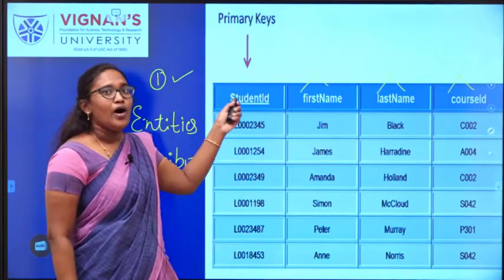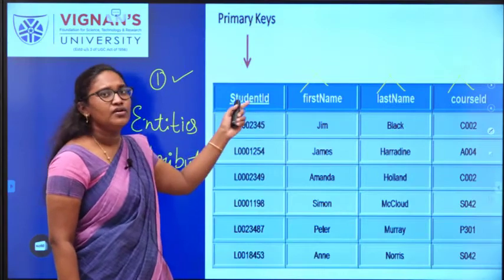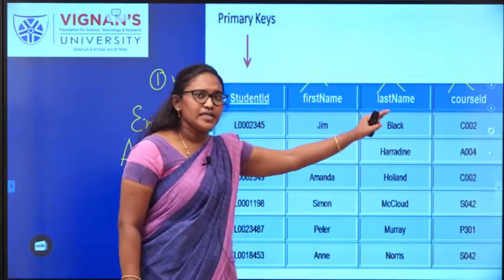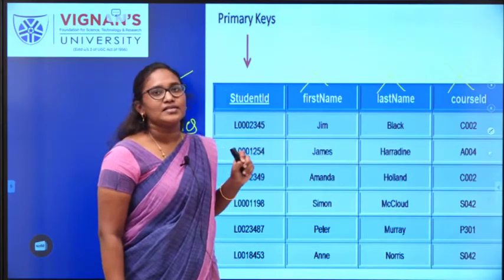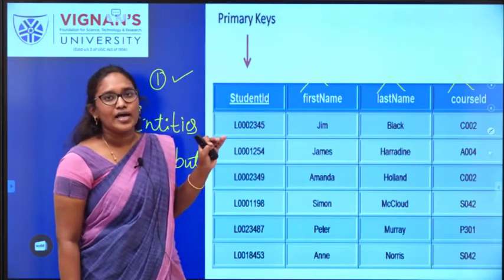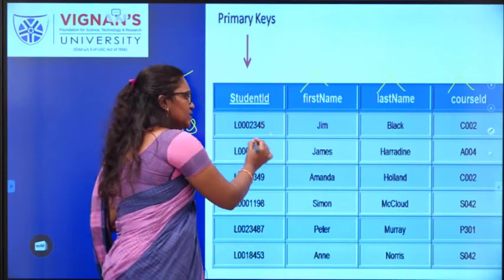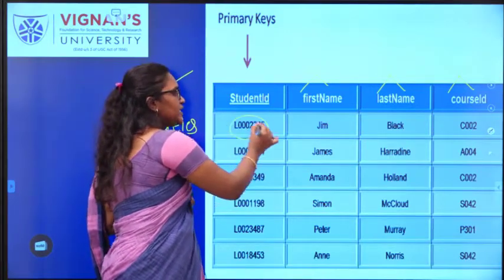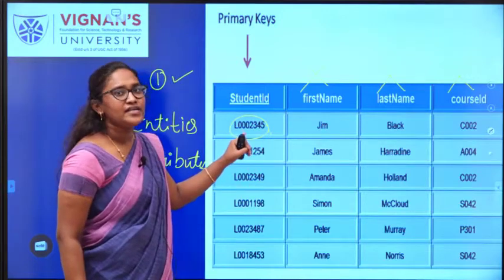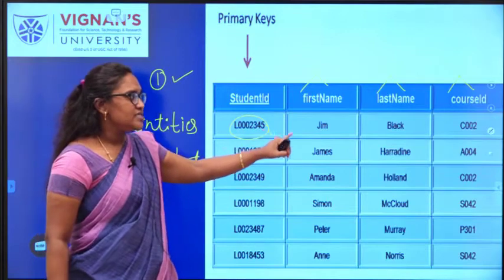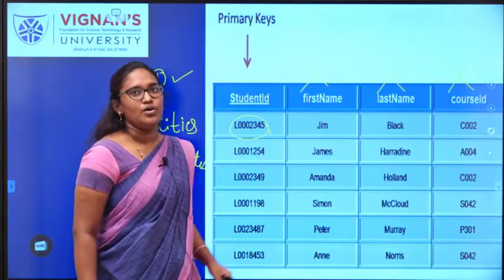The key or the entity which uniquely identifies a particular row is called the primary key. This particular key identifies the details of each row.